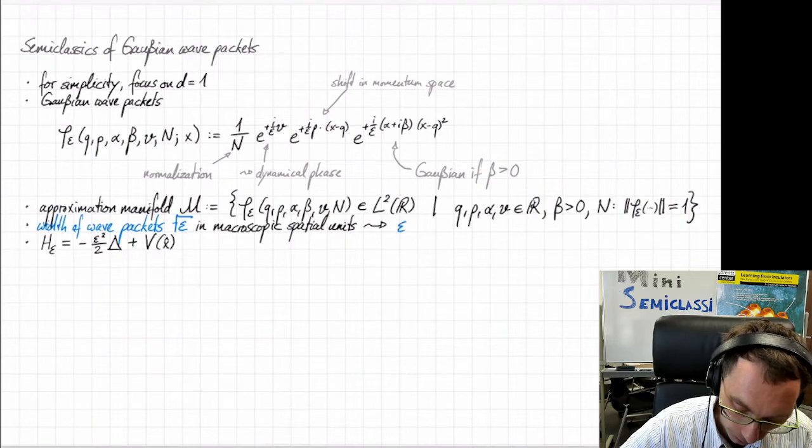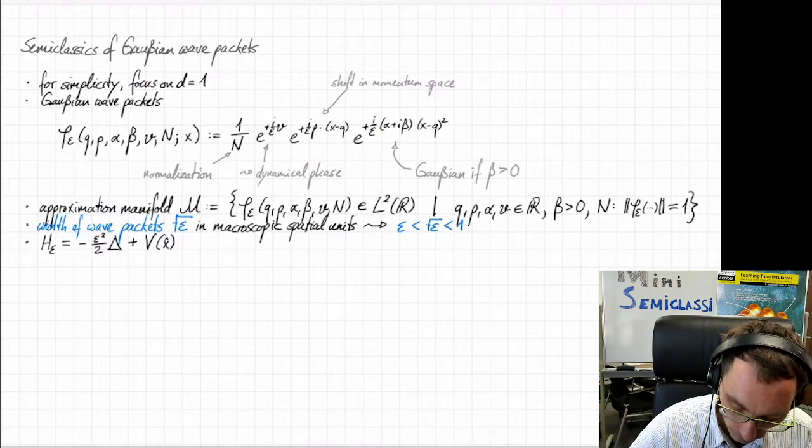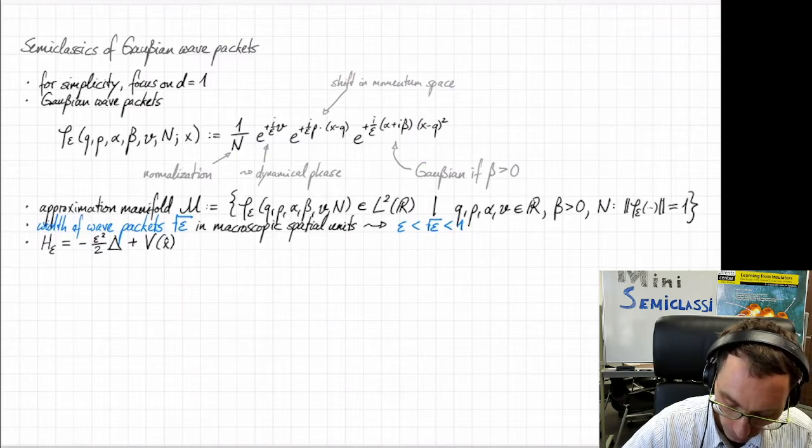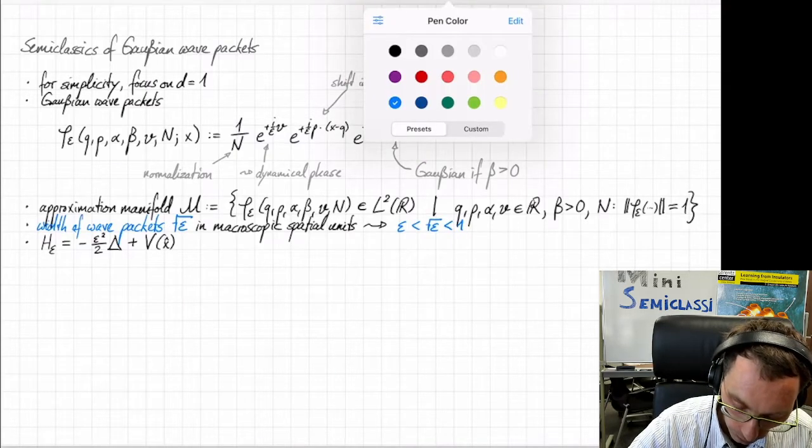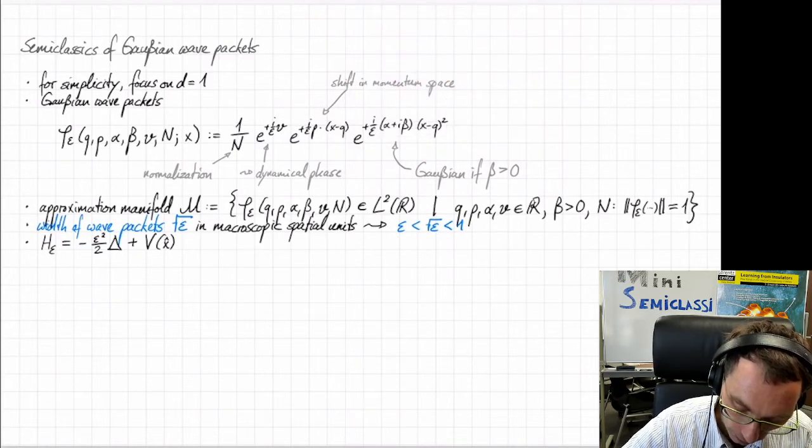So epsilon is less than square root epsilon, and that's less than 1. Right? So what this here should tell you, so this is the microscopic lengths.